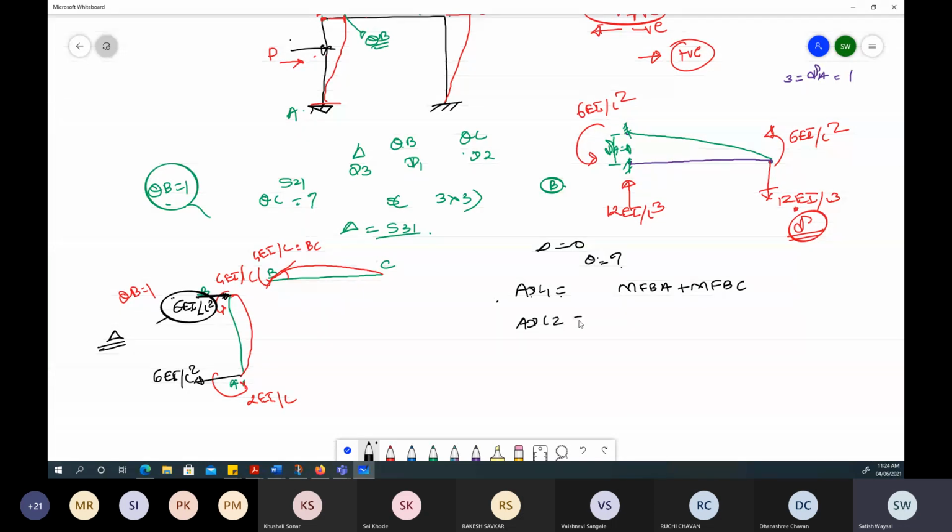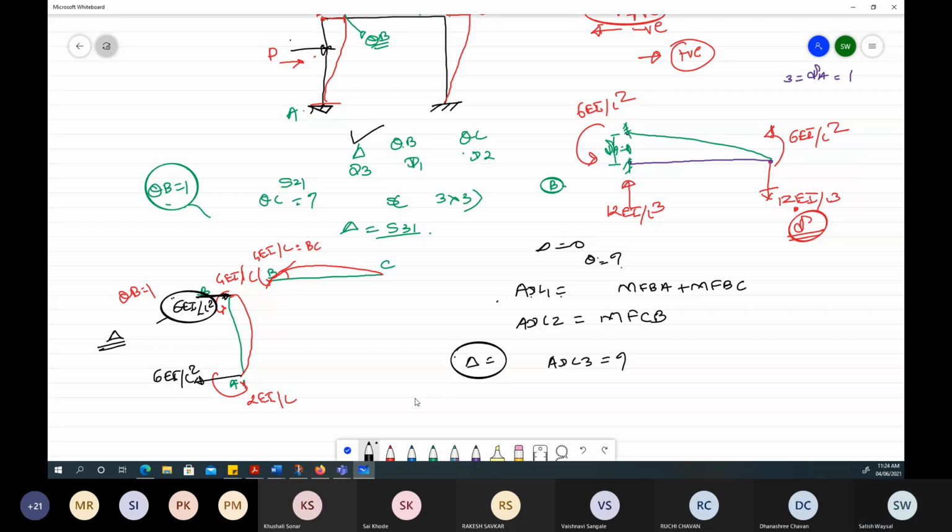Suppose ADL2 is equal to MF C to D. But now what will ADL3 be? The third one is what we have assumed as this delta. Can anybody guess what the delta will be here in this case, ADL3? You can guess at least.